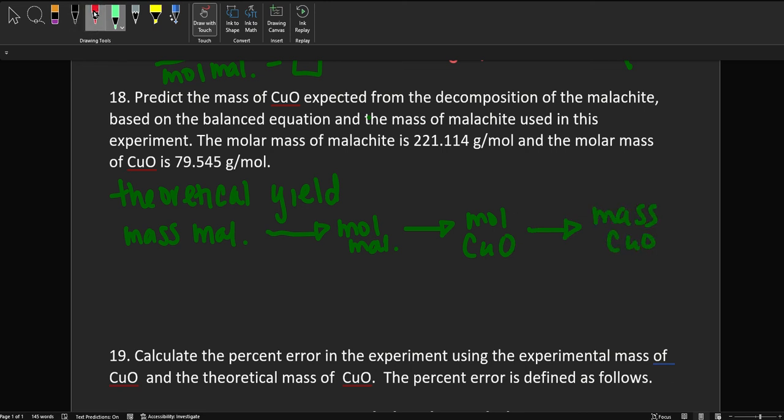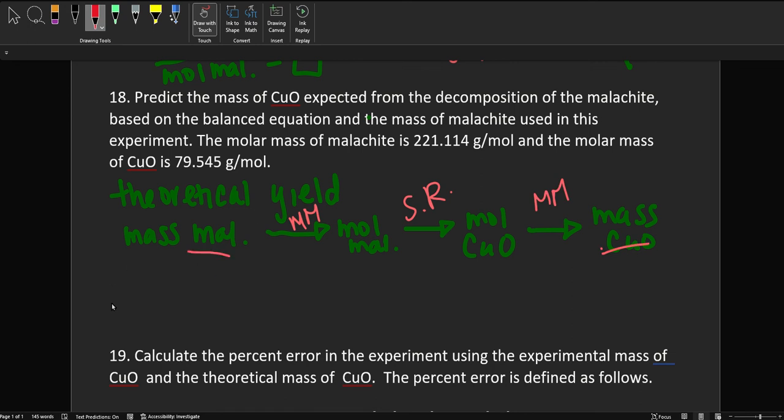Now, to do this, you will use several different conversion factors. Here it is the molar mass. Here this is the stoichiometric ratio, SR, stoichiometric ratio. And then here this is the molar mass, but of copper oxide instead of malachite.